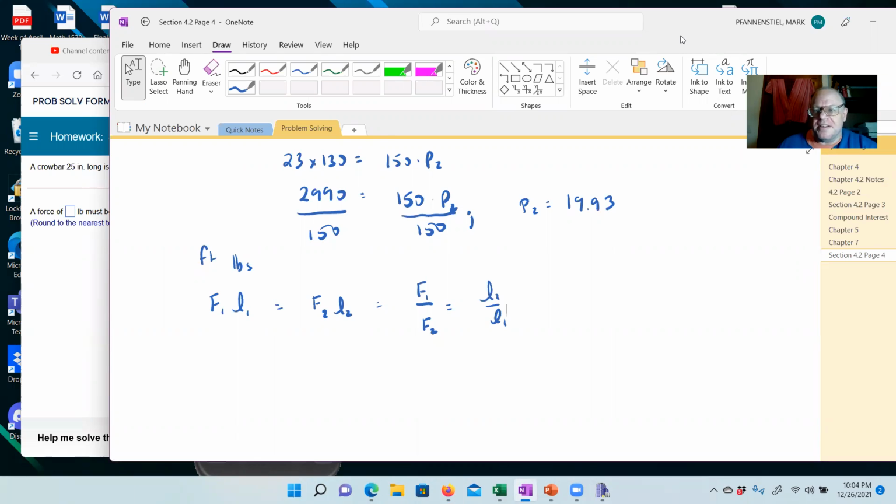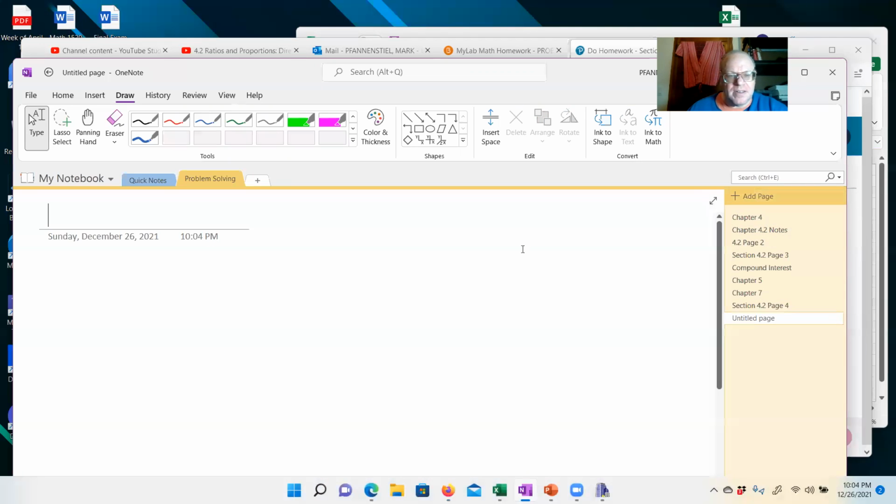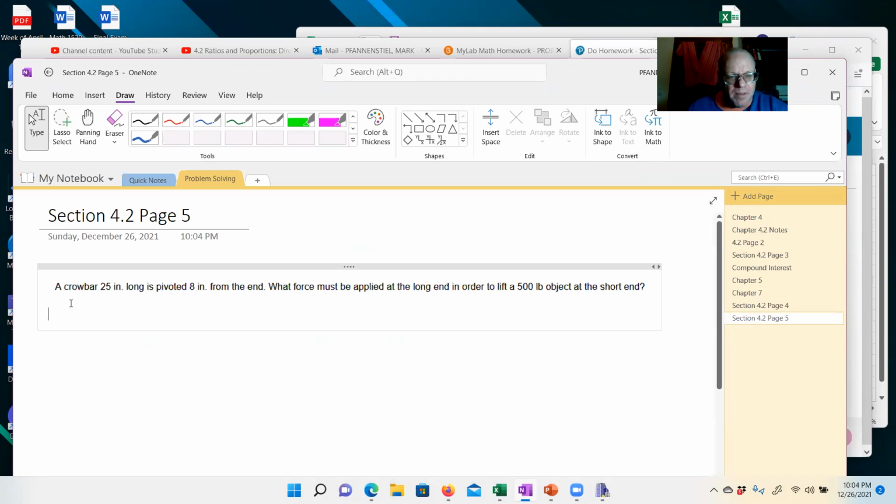So let's go ahead. I'm going to add another page here. This is section 4.2, page 5. Then we're going to copy that in there.